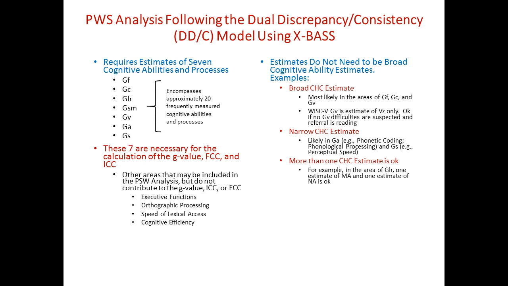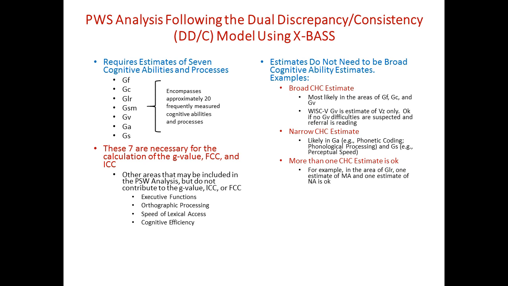Now, to do a PSW analysis following the dual discrepancy consistency model, again, the one used in XFAS, it requires that you have an estimate of 7 cognitive abilities and processes. Again, the ones that I just mentioned, so the ones bulleted here. Now, these 7 broad cognitive abilities and processes encompass about 20 frequently measured abilities and processes.